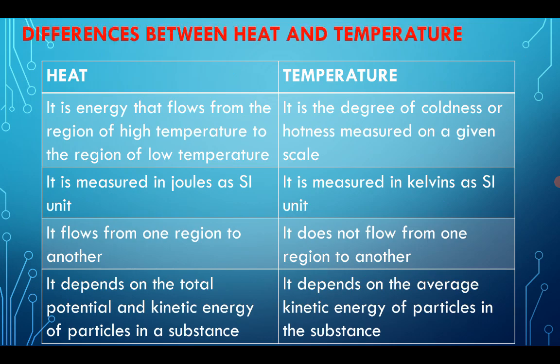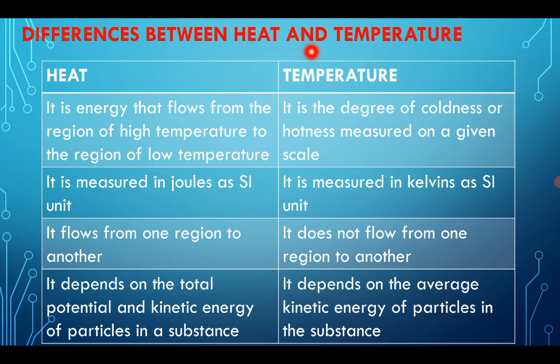Next, let's look at the differences between heat and temperature. These two terms are usually misunderstood and misplaced by some learners and some users of the terms heat and temperature.